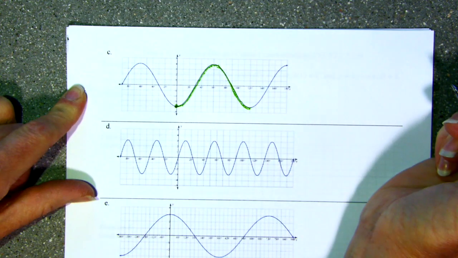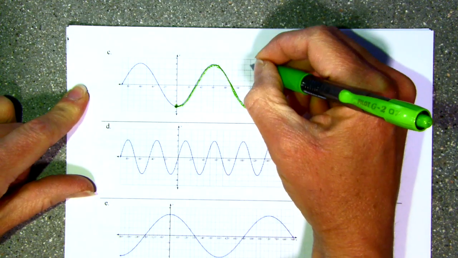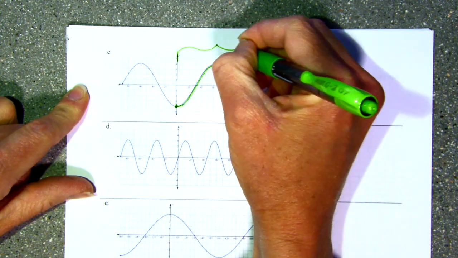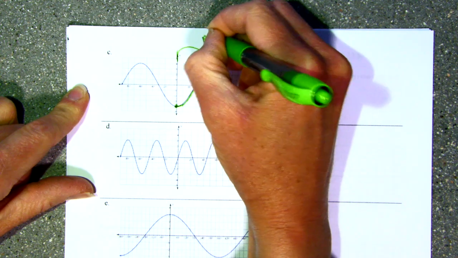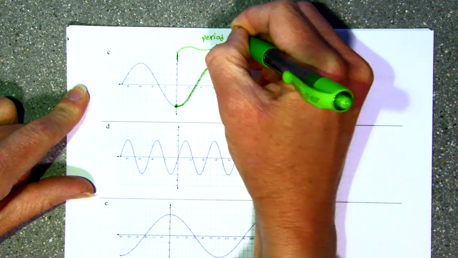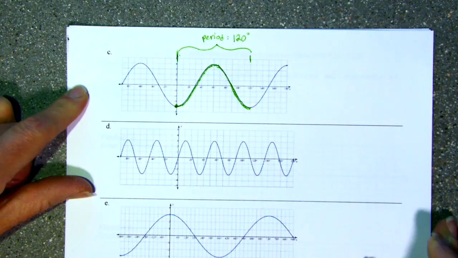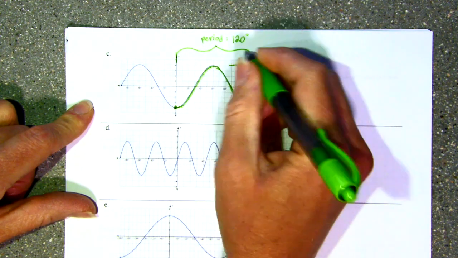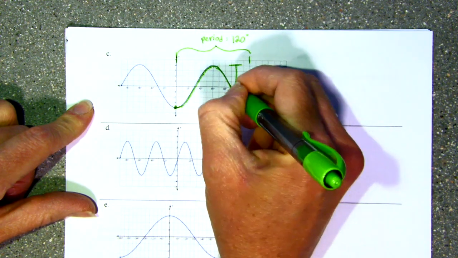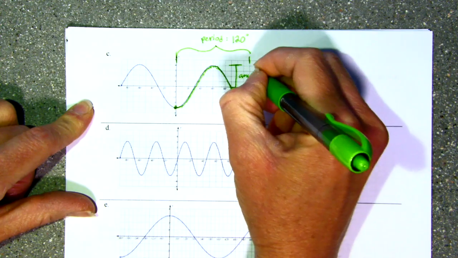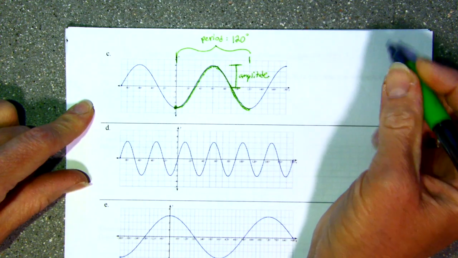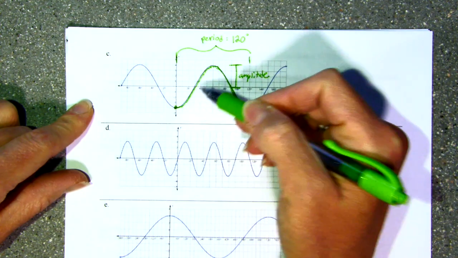This is a cosine function and it goes to 120 degrees. So our period here is 120 degrees. Our amplitude goes up to 4. And our orientation is going to be negative.